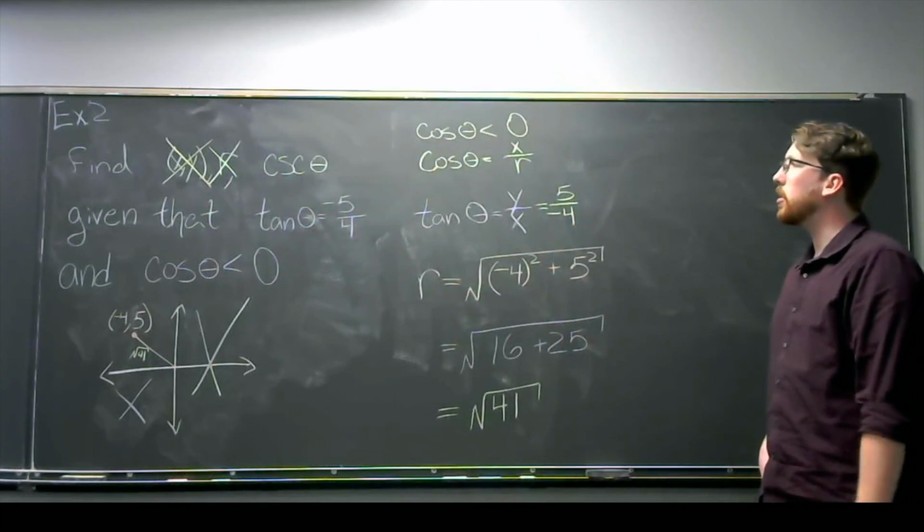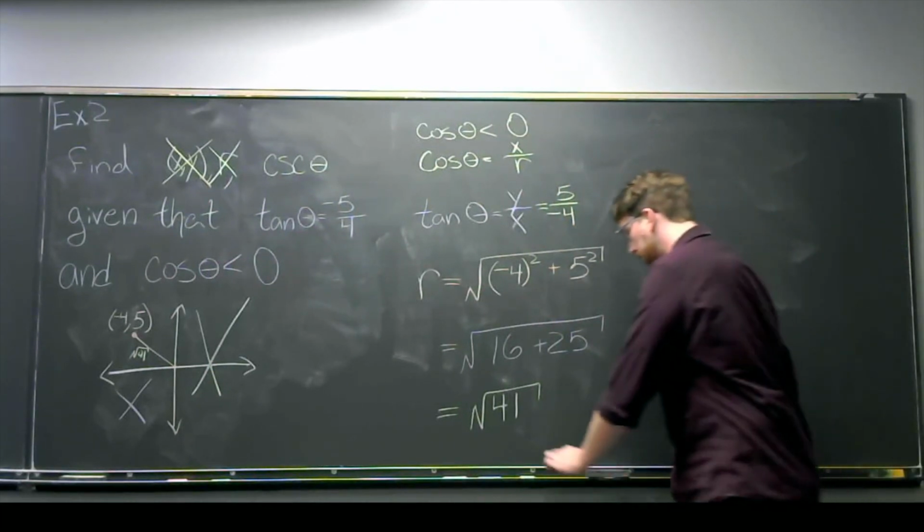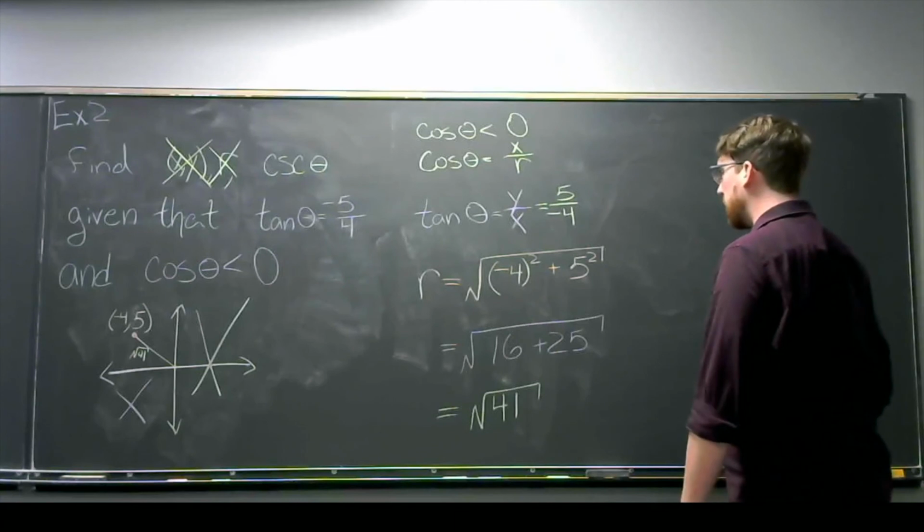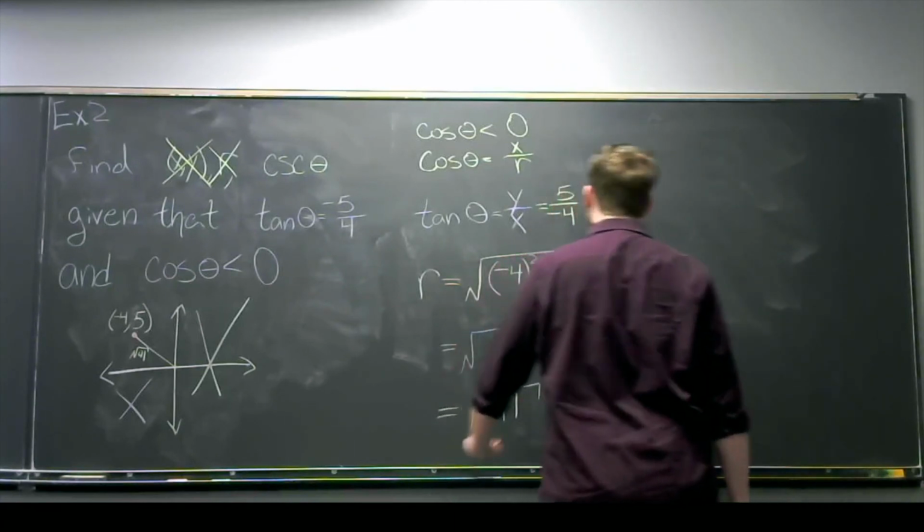So now all we have to do is find cosecant. Well, cosecant is 1 over sine.